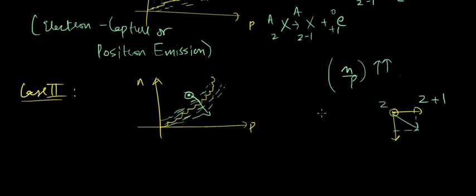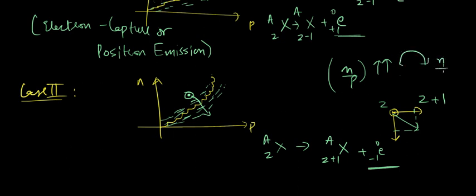If X was the atom, then it goes to Z plus 1 with the emission of a beta particle. The earlier case was the positron and this is the beta particle. So this is the case when the n by p ratio was higher, and it goes to a lower n by p ratio with the emission of a beta particle.